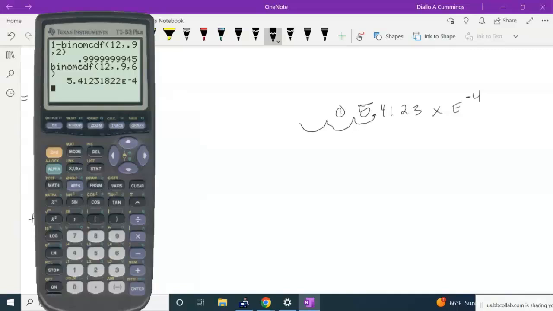I move it 3 places to the left, I add another filler 0. And I move it 4 places to the left. So that's what it should actually look like: 0.00054123. Any questions about that little negative exponent?